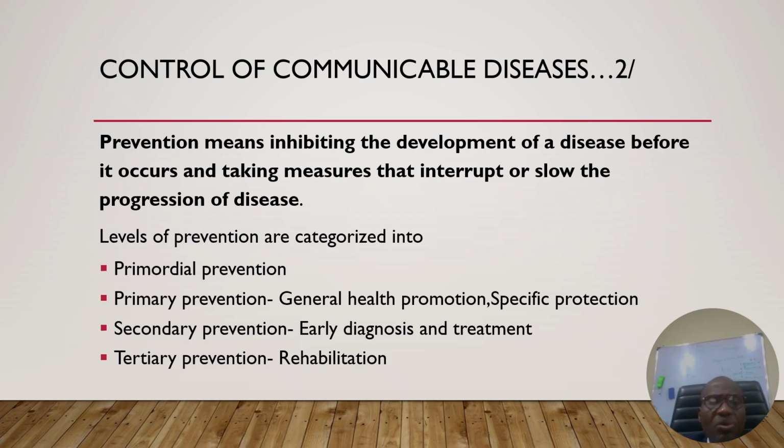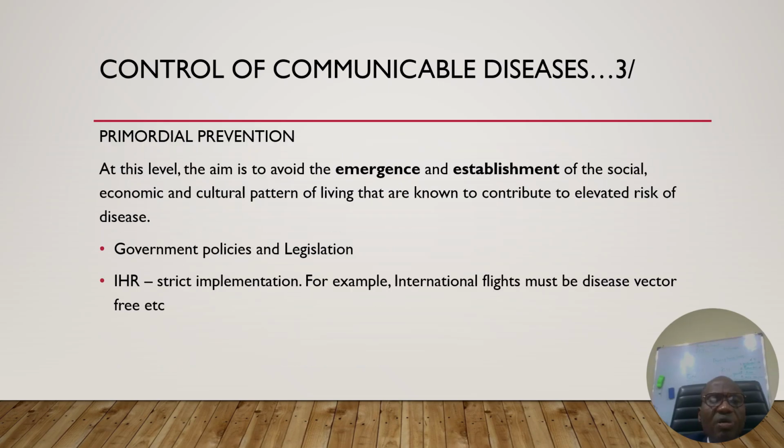This I'm sure you already know. We're just going over them. But to look at them in more detail, for primary prevention, we're actually talking about avoiding the emergence and establishment of the social, economic, and cultural patterns of living that are known to contribute to elevated risk of the disease.